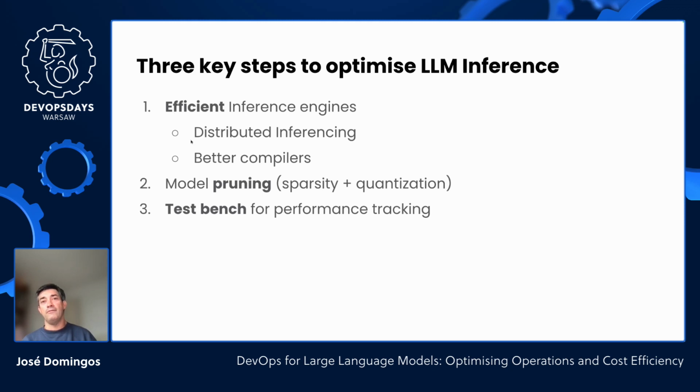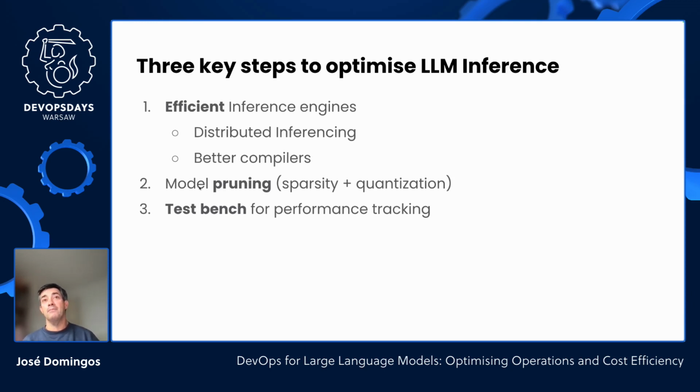So you have three steps. The first step is you can look at more efficient inference engines, i.e., engines that work quicker and are just more efficient at running because they have better compilers behind them, or they do distributed inferencing using distributed computing power.